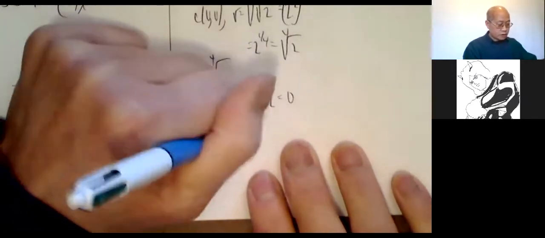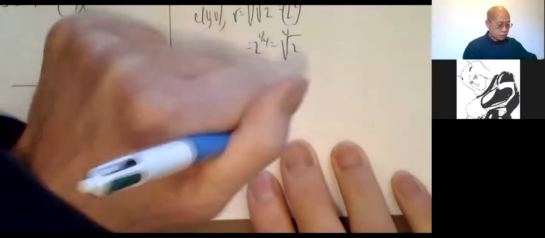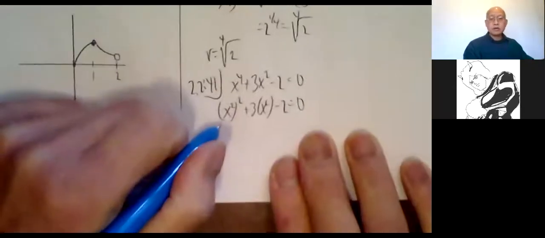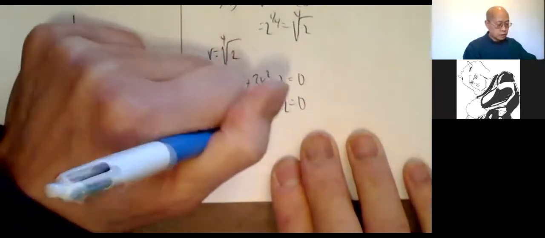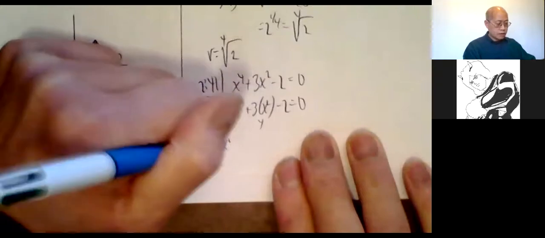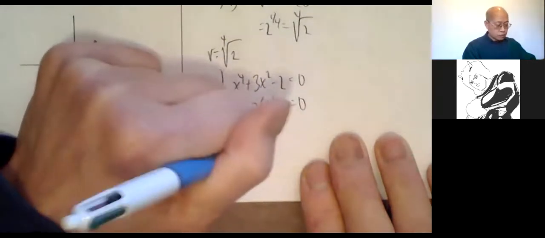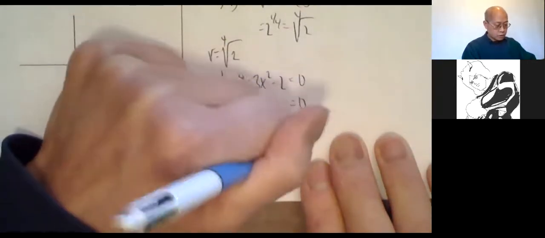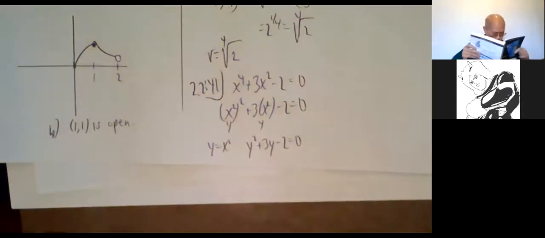This is x squared squared plus 3x squared minus 2 equals 0. So let me temporarily call this y. Y equals x squared. That way it looks like y squared plus 3y minus 2 equals 0. Okay, then use the quadratic formula.